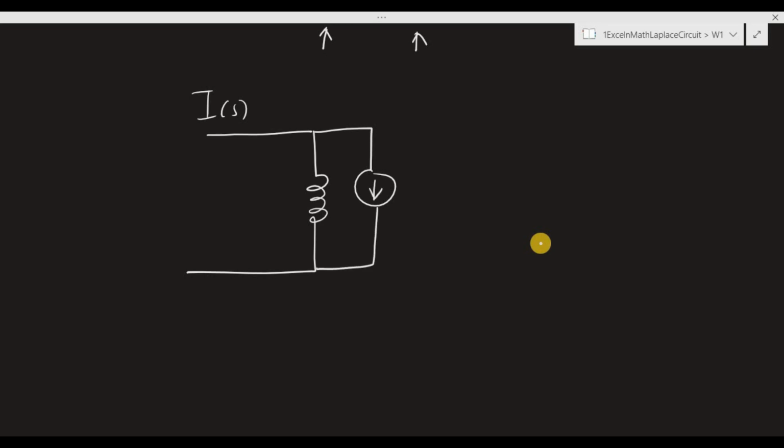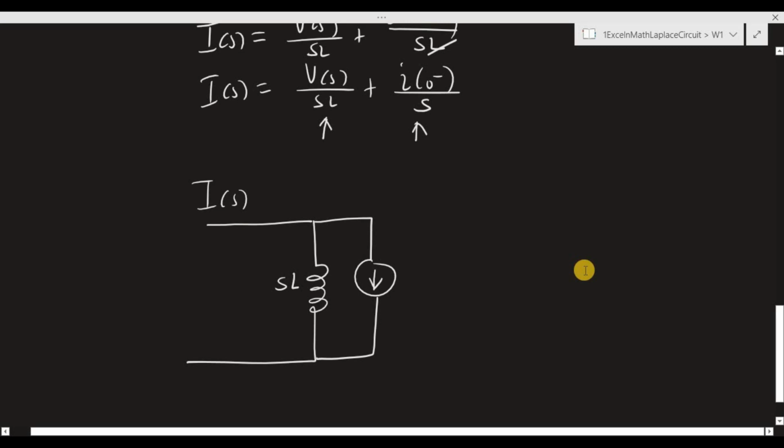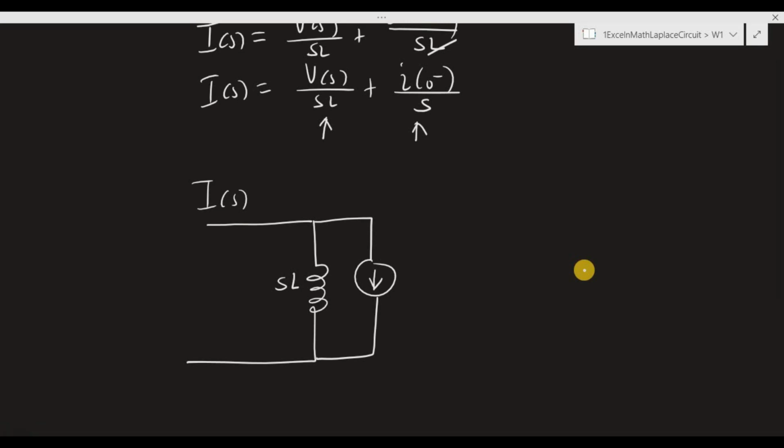The inductor has an impedance of SL, and the current source has a magnitude of I0 minus over S.